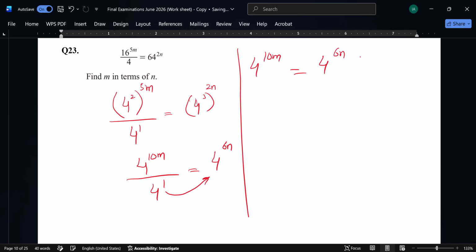If you notice, the two bases are the same. That is why, when I'm multiplying them, the powers must be added. Now you observe the bases are same, so the powers will be equal.